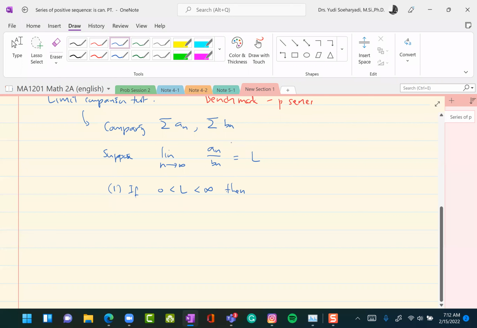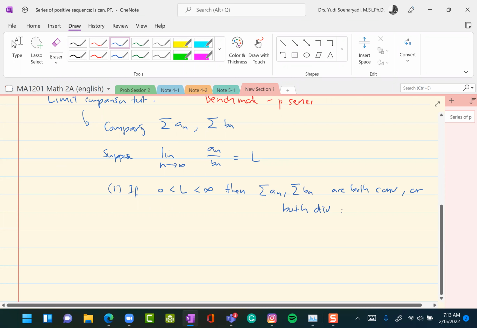Likewise for divergence. So you have the same convergence behavior. What I mean is that they converge or diverge simultaneously: both convergent, or both divergent.